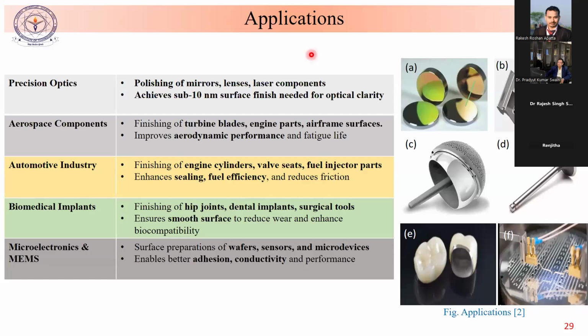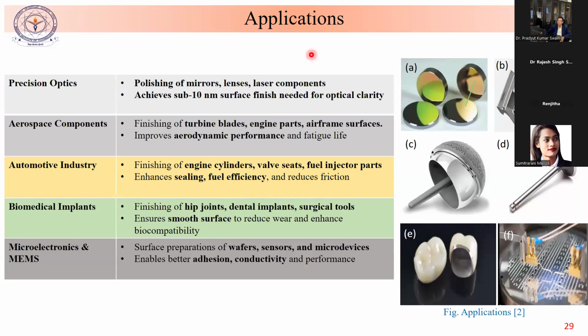It cannot break by any jerk or impact, and it should not be much affected by temperature and humidity. Therefore nowadays we are using metallic mirrors. That's a new area. If we want to use a metal as a mirror, we need to make the finish at least less than 10 nanometer. Then only we can use it.